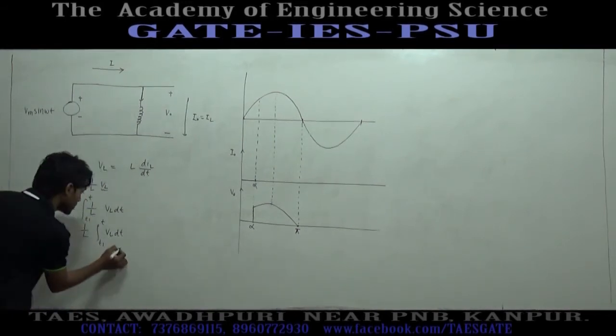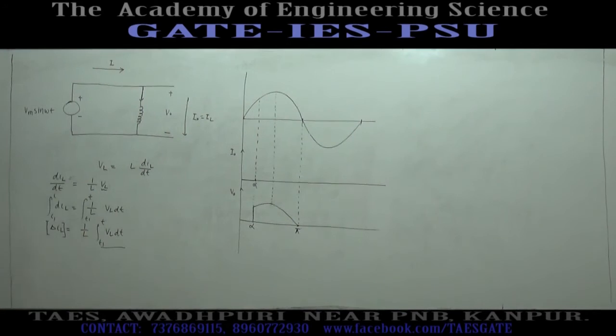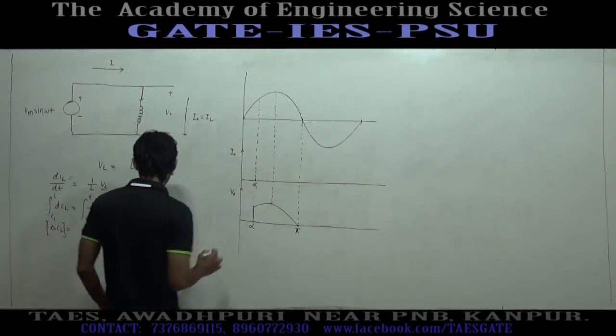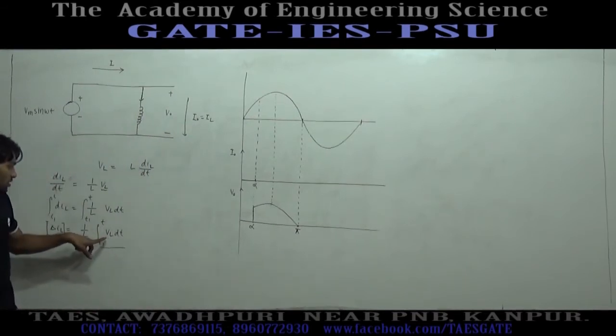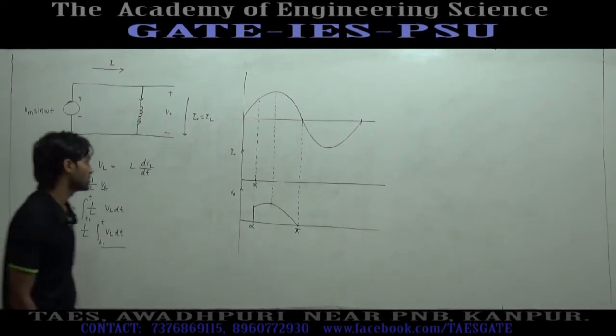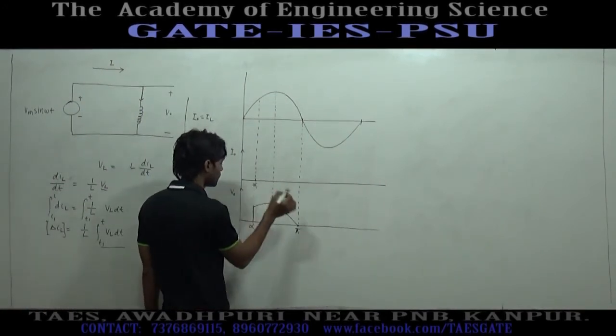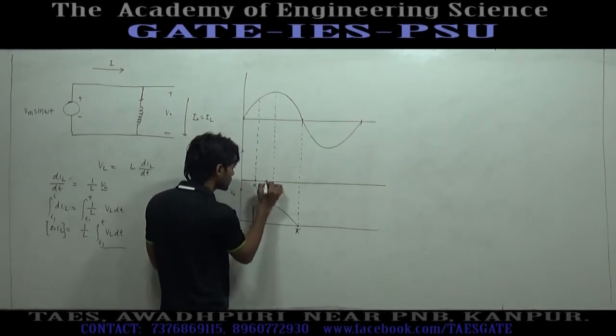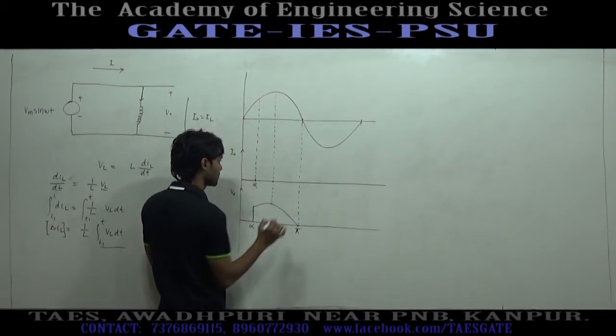Now, what does this integration represent? This integration represents the area made by the inductor voltage graph from T1 to T. Now, suppose we want to find out the change in inductor current from alpha to this point.